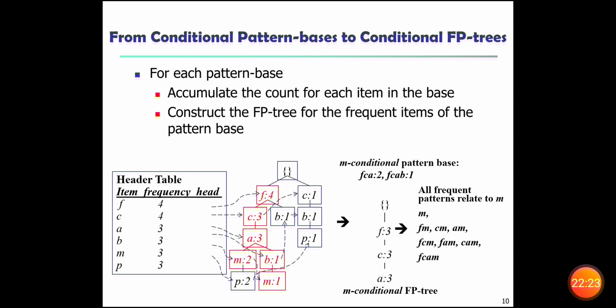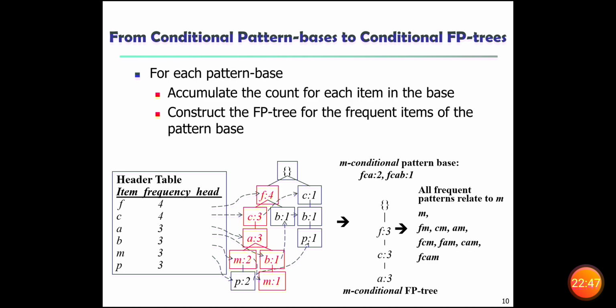We start from M, shown in red. Containing M, other than M, whatever nodes are available, you can link them. So FCA, the node is M node, so we are containing M only. The support count of M is given here.